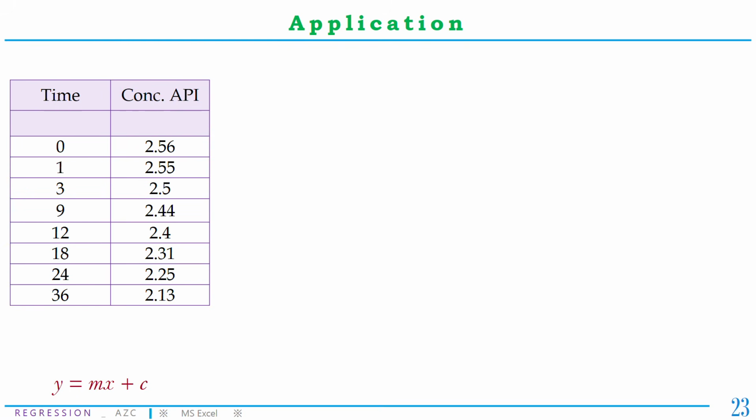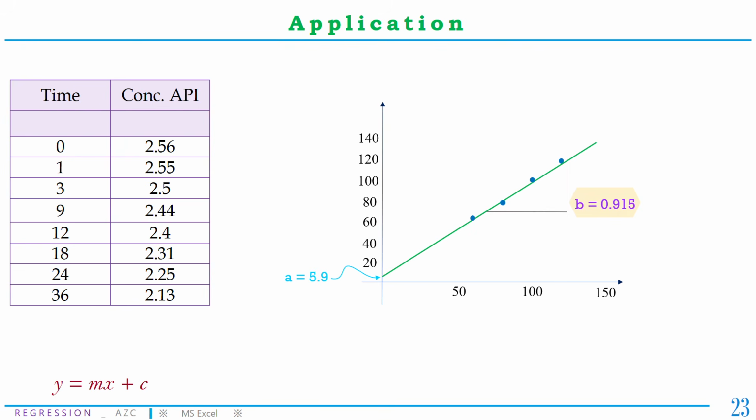In simple mathematics, we have used equation of slope-intercept, where we first generate a graph from the data of two variables, and then identify the value of slope and intercept. Then, using y is equal to mx plus c equation, we calculate the value of one variable from other variable.